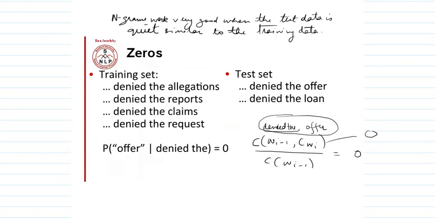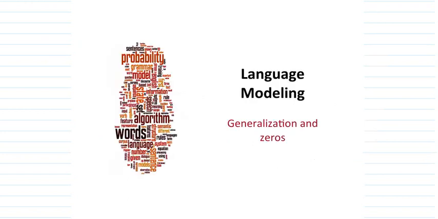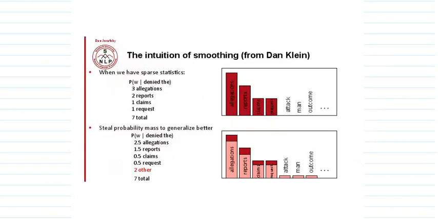There are a lot of techniques for generalization depending upon the problem we are dealing with. In n-gram language modeling, the generalization is done through smoothing. So smoothing is a technique we will see right now. In this diagram we see the probability distribution of the words, right? Suppose we have the probability of this word given denied the.